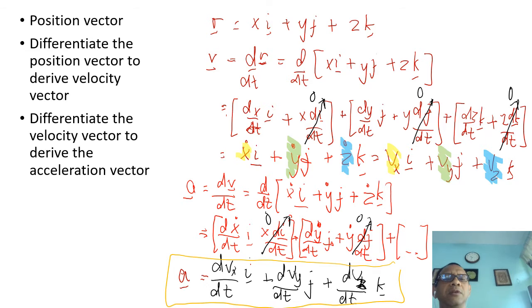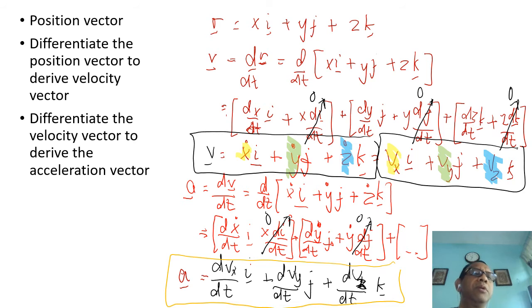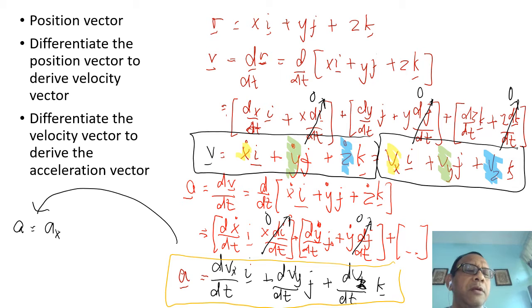So the velocity vector v equals these three expressions. This one we can rewrite a as ax i, unit vector, and ay j, and az k.